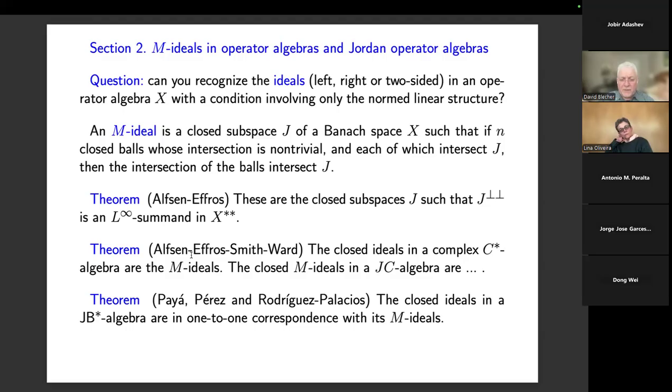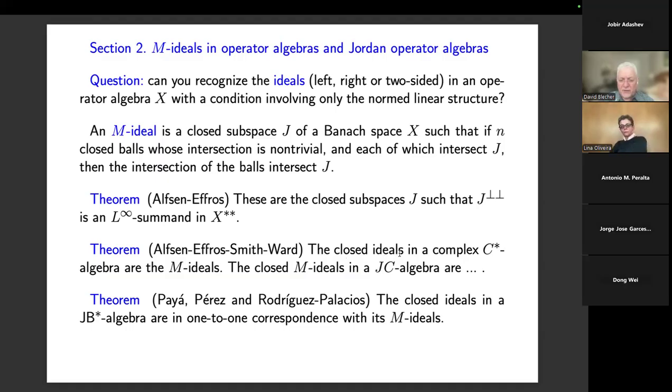And then Alfsen and Effros, Smith and Ward. The history of this result is slightly complicated. Alfsen announced this result in a paper, but I think the full proof came out a few years later with Smith and Ward.